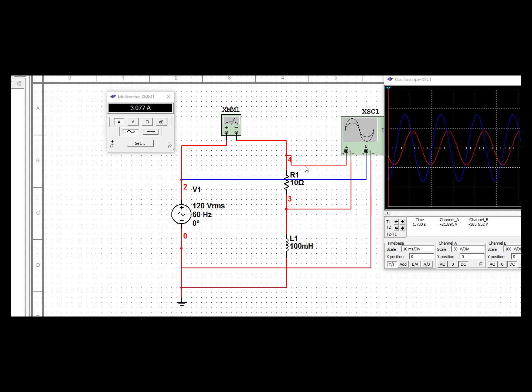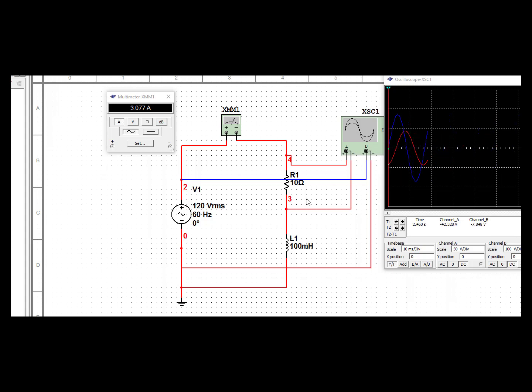But what I did want to mention is that anytime you have a resistive component within a series connection on an AC circuit, the voltage across that resistor is going to represent the phase of the current, because we know that resistor voltage and current are always in phase. They're always in phase.